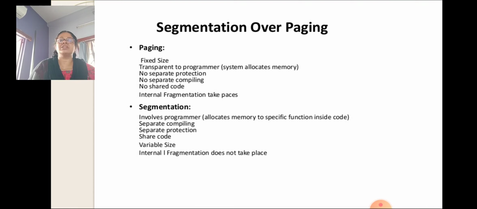Less processing overhead. It is simpler to relocate a segment than to relocate contiguous address spaces on disk. Segment tables are smaller than page tables and can take up less memory.